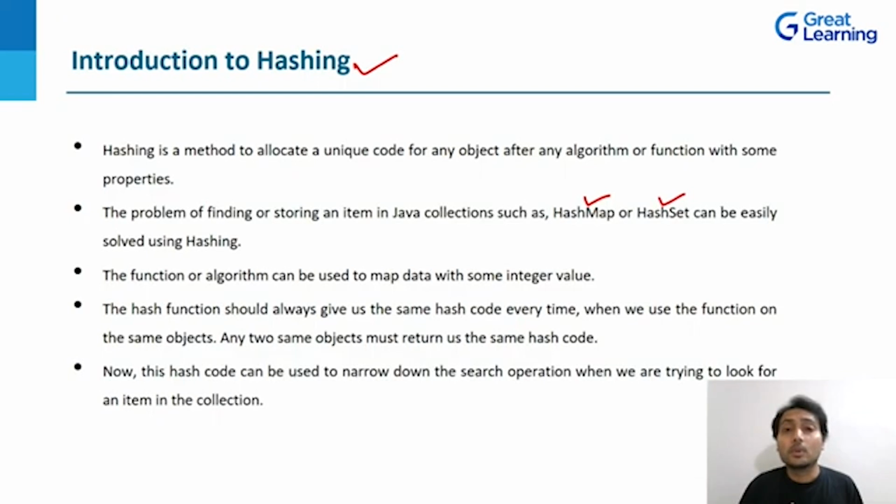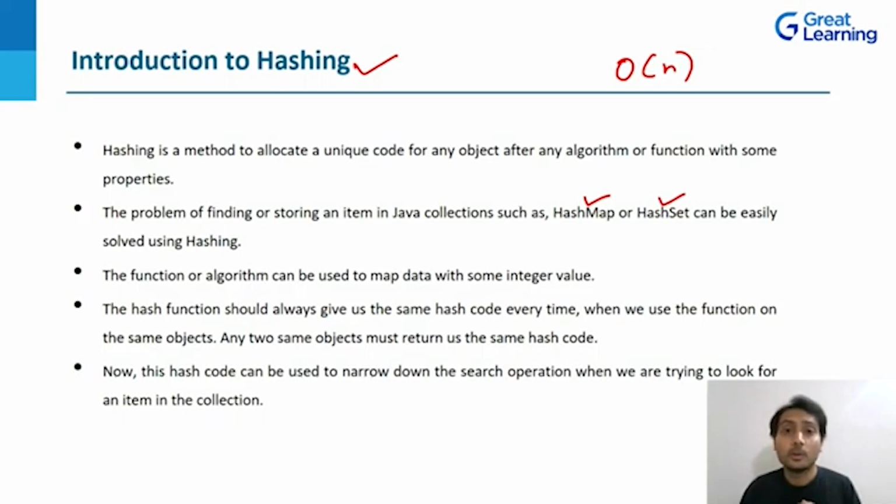So the time complexity would be O of n, until you traverse till the end of your linked list. But here you can simply calculate the hash value, and once you get it you can simply store that value there, or search for that value with the help of this hash code, which will narrow down your search operation. So in such cases hashing plays an important role.